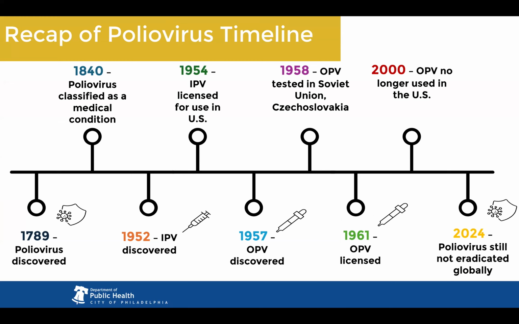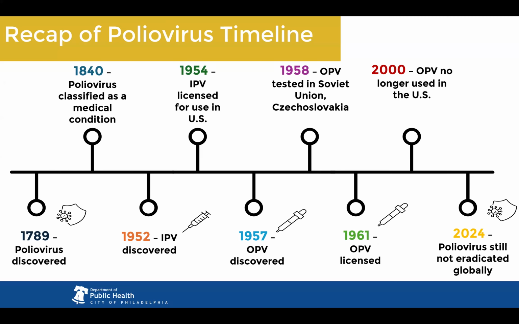It wasn't until 1840 that poliovirus was classified as a medical condition. 1952, IPV is discovered. 1954, IPV is licensed for use in the U.S. 1957, OPV is discovered. 1958, OPV is tested in the Soviet Union and Czechoslovakia. 1961, OPV is licensed. 2000, OPV is no longer used in the United States. And today in 2024, poliovirus is still not eradicated globally.